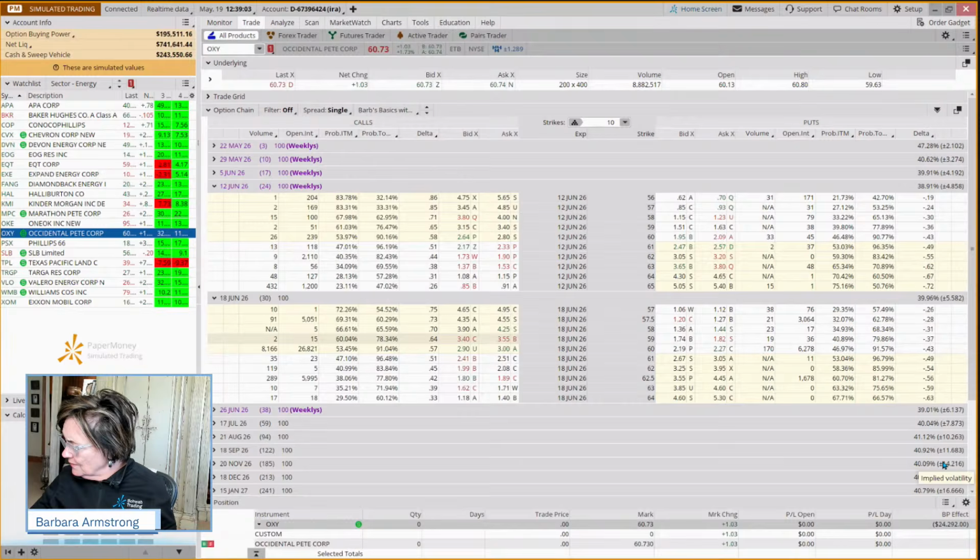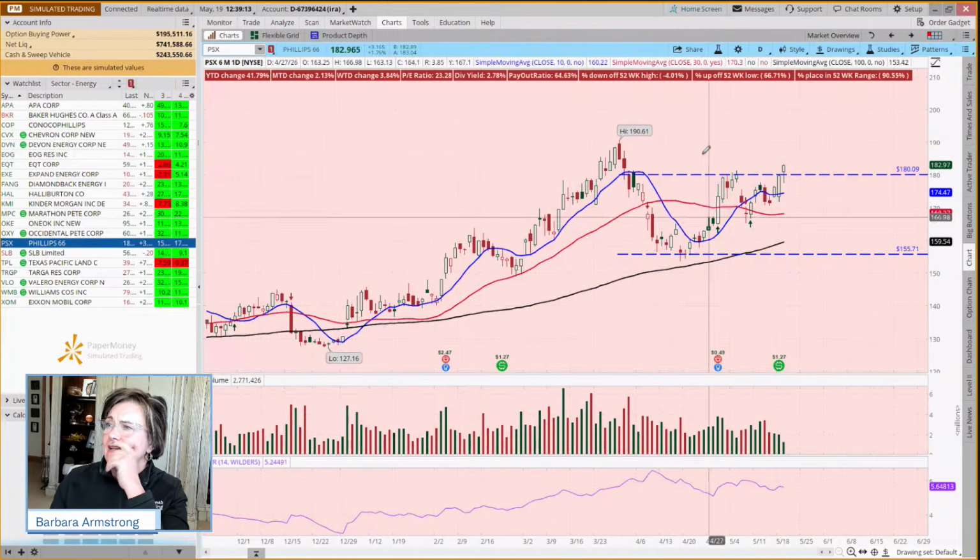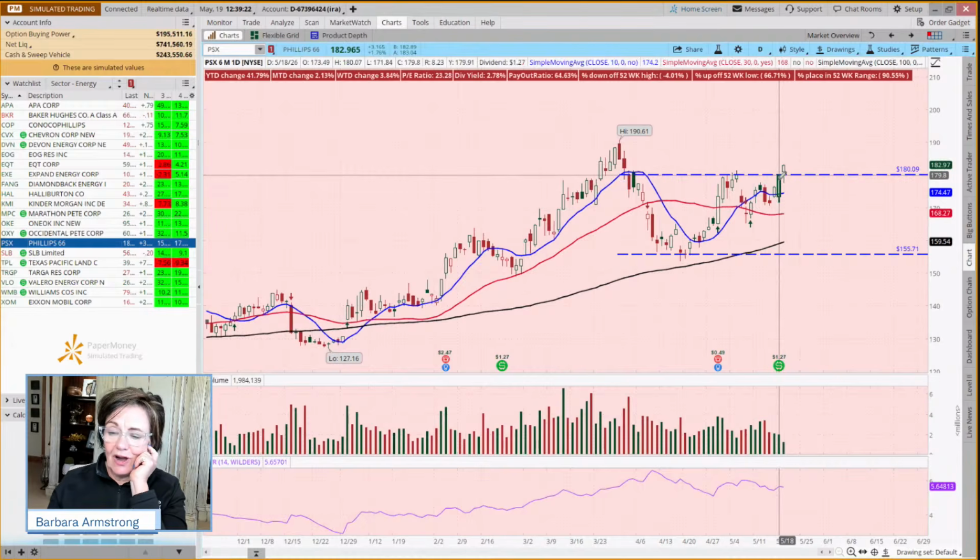Now, we don't have a lot of time left, but if we were to look at PSX, Phillips 66, here's a cup and handle pattern where it is breaking above. And this is a pretty common pattern in the energy sector right now, isn't it?